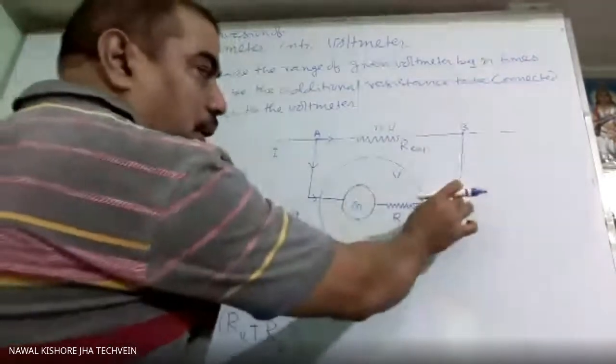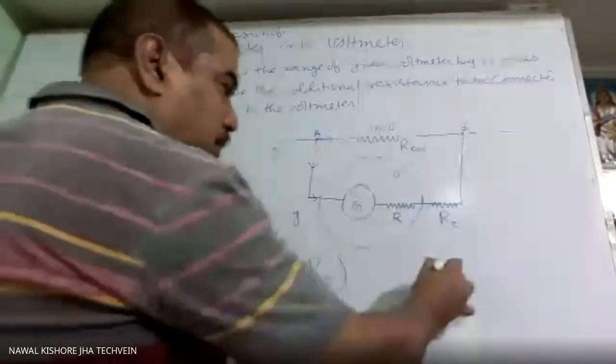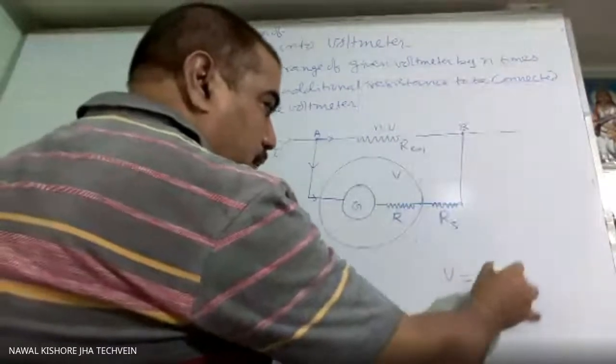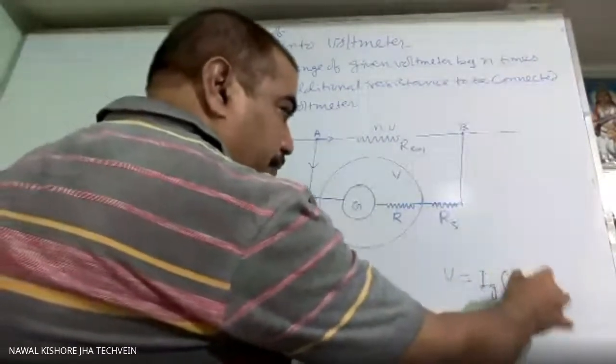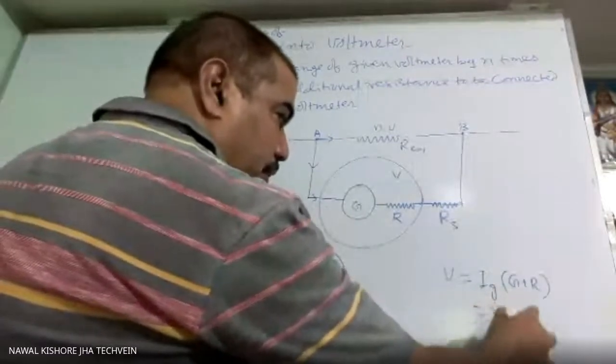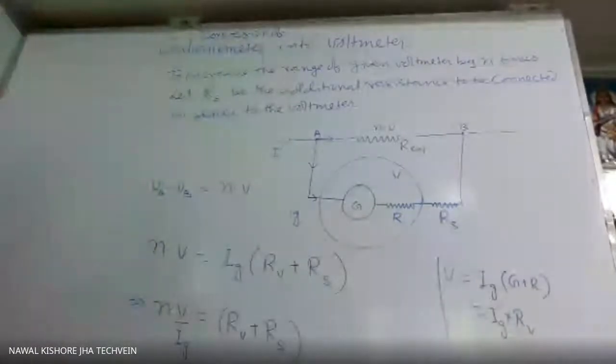The rest, N minus 1 times V, will be across RS. So this V is Ig into G plus R, so V over Ig is RV.